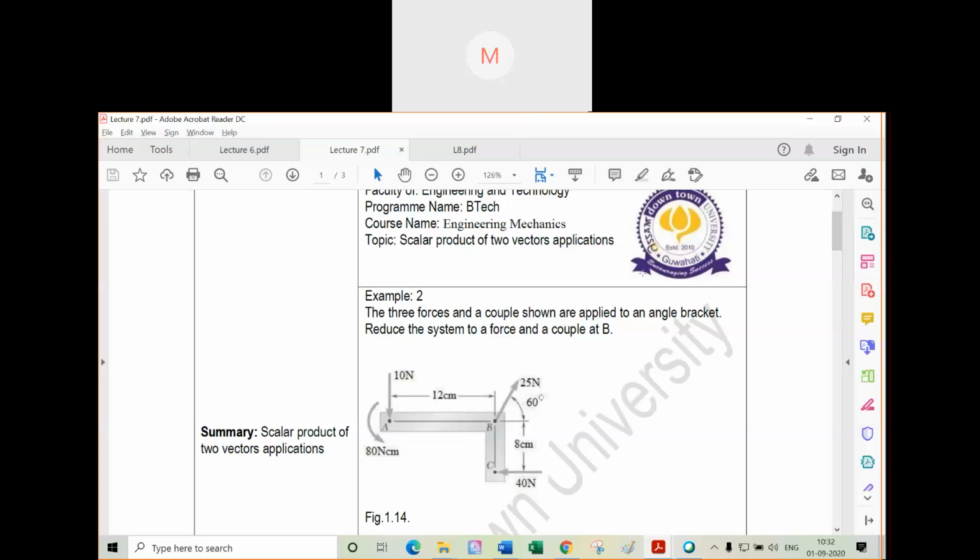Yes sir. I should do it. Okay fine. Did you note down the question and the diagram?